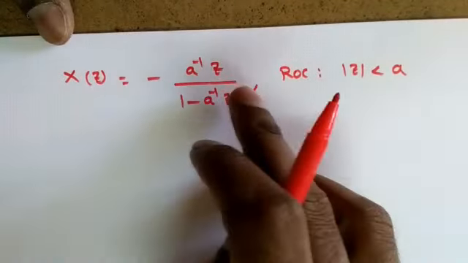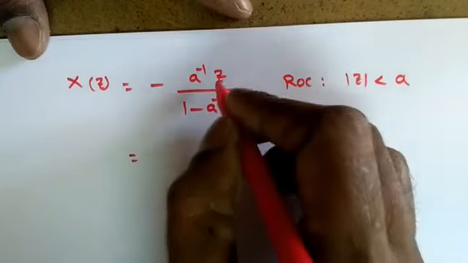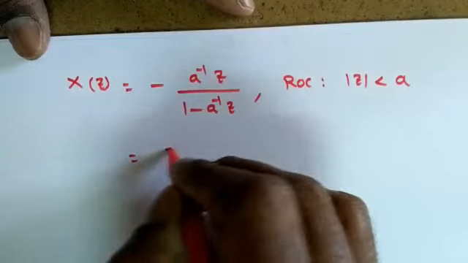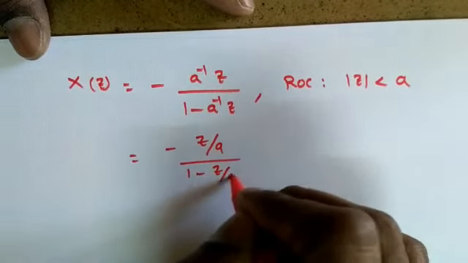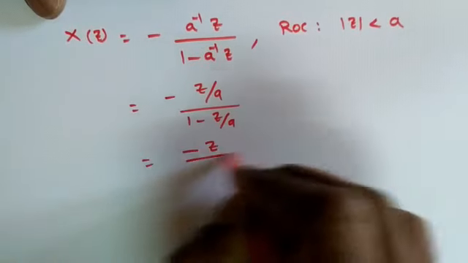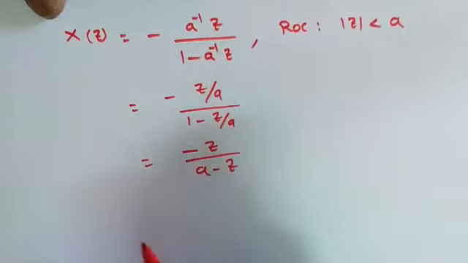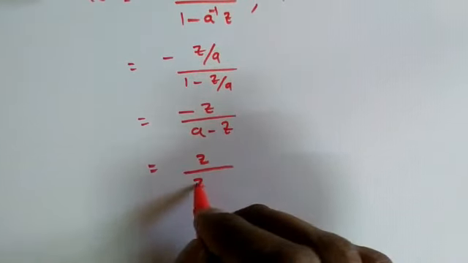Now this is not looking like a normal form. So what we do is we'll take the LCM as a. So minus of z by a by 1 minus z by a. Now if I take the LCM and cancel, it will become minus z by a minus z. Again if I take minus out, it will be z by z minus a.